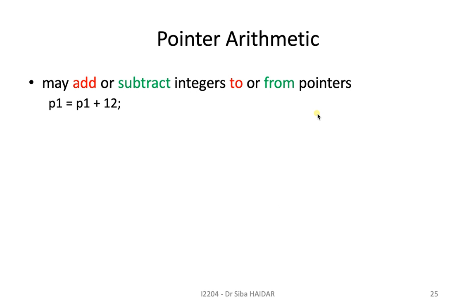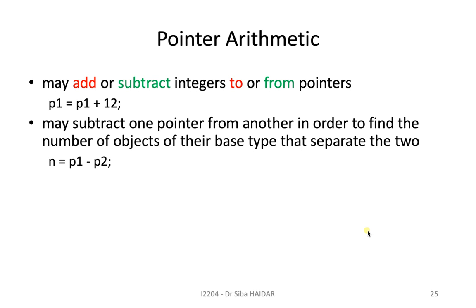You may add or subtract integers to or from pointers. For example, you can say P1 equal P1 plus 12. It means from where P1 points, skip 12 places to the next place. You may subtract one pointer from another.